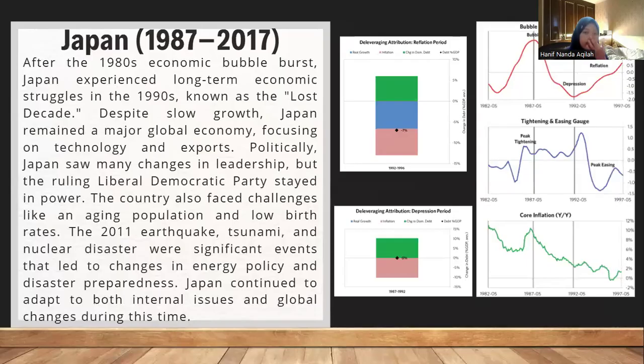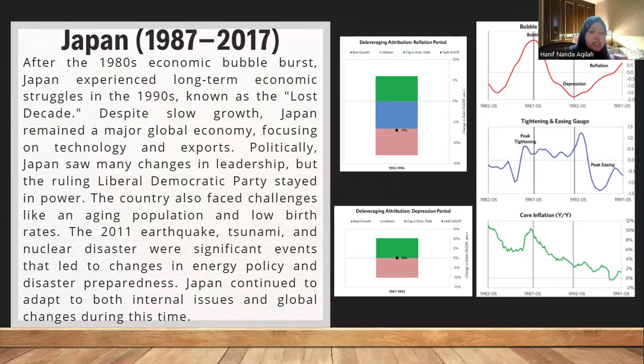For the next, Japan, from 1987 until 2017. Japan saw many changes in leadership, but the ruling Liberal Democratic Party stayed in power based on the political sides. The country also faced challenges like an aging population and low birth rates.